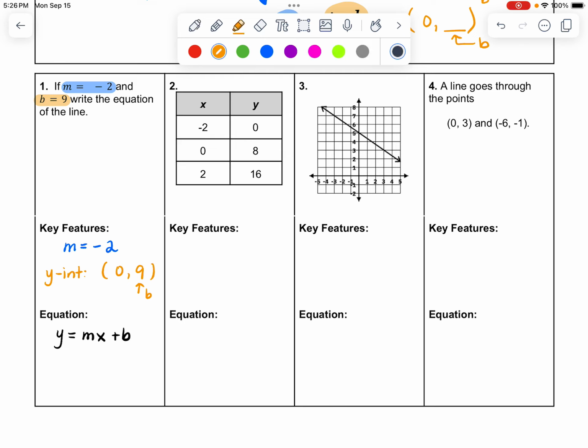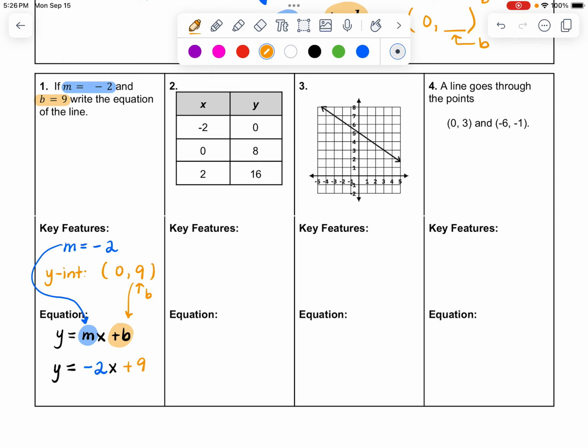What I'm going to do is fill in my m number and my b number. So my new equation will say y equals, and then instead of m, I'm going to write -2x, and then instead of b, I'm going to write +9. I'm just filling in those numbers that I found in the equation that I'm going to use.